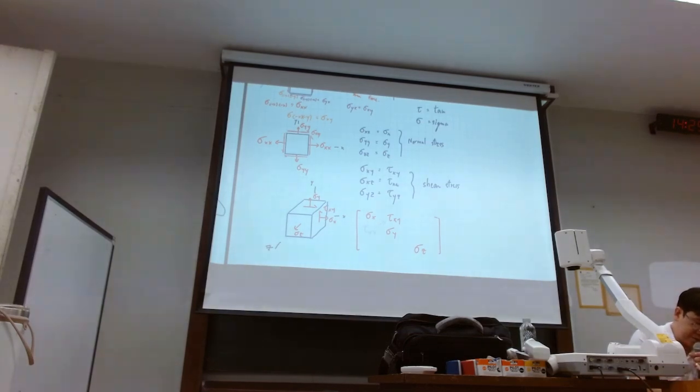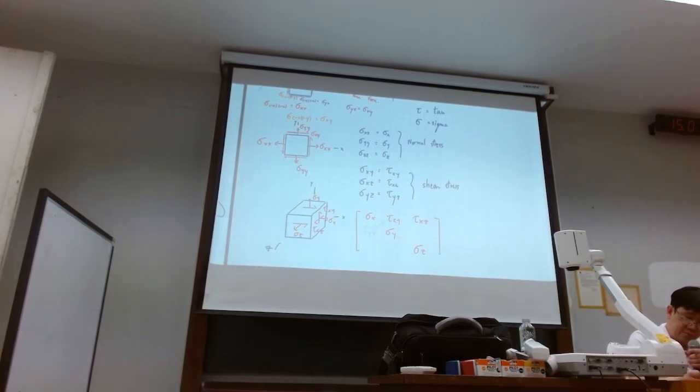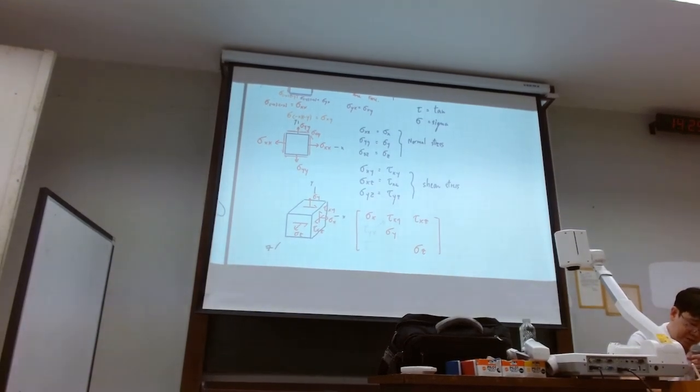And on this surface, I will be able to draw this, and this is tau xz. Again, tau xz will be coming here. And we will have tau zx, which is the same as tau xz when they balance each other.